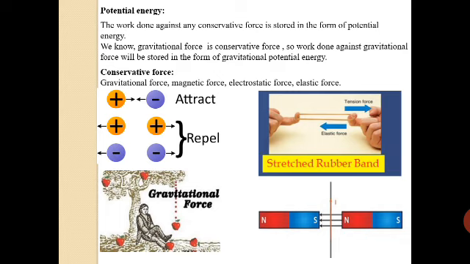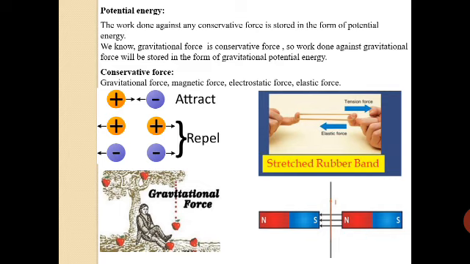So overall, if you compare all these four forces, you see the similarity. In such forces, the objects are always trying to come back to the previous position or configuration or shape or size, and such forces are basically conservative force.